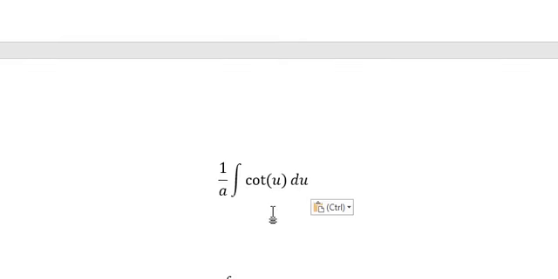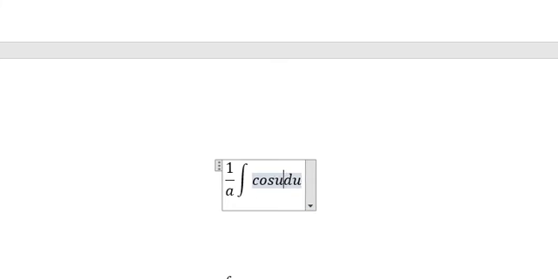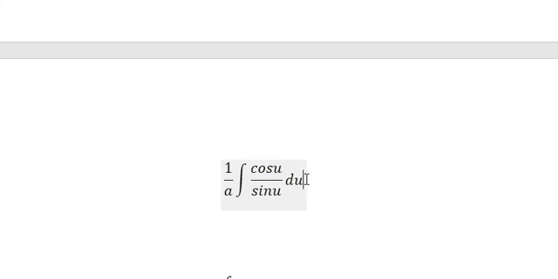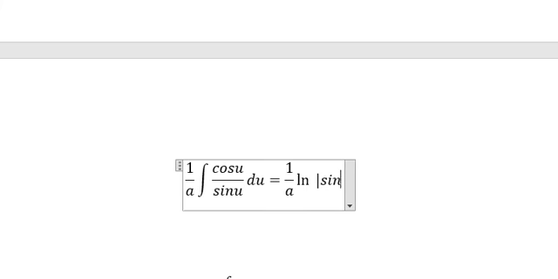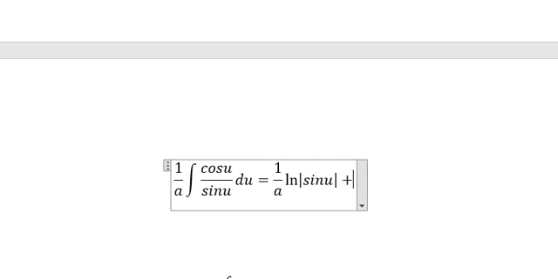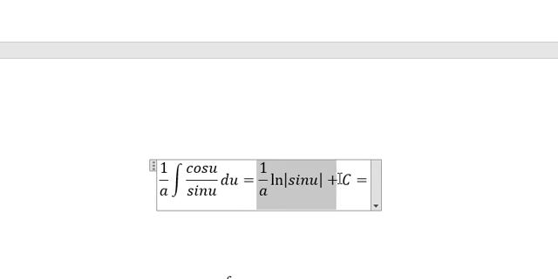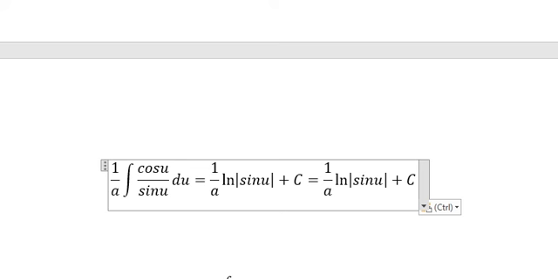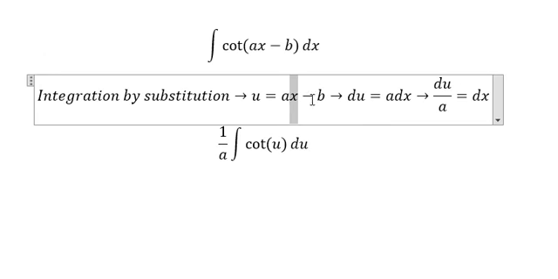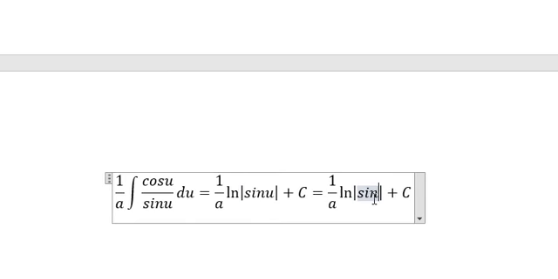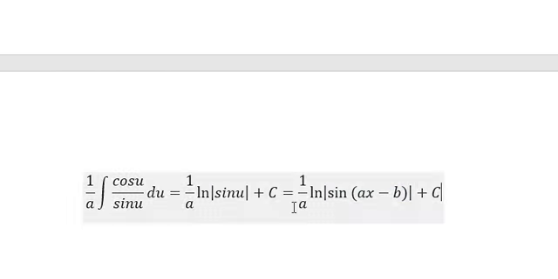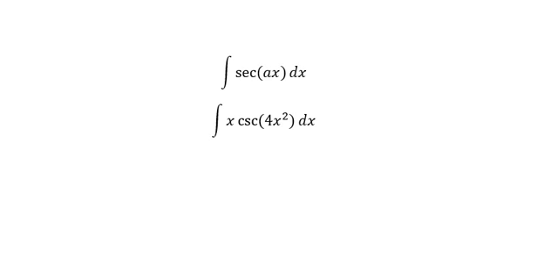About cosine u, we change for cosine u over sine u. Now the integration of this one, you will get ln of the absolute value of sine of u, and we put c. About u, that's about this one. And this is the final answer.